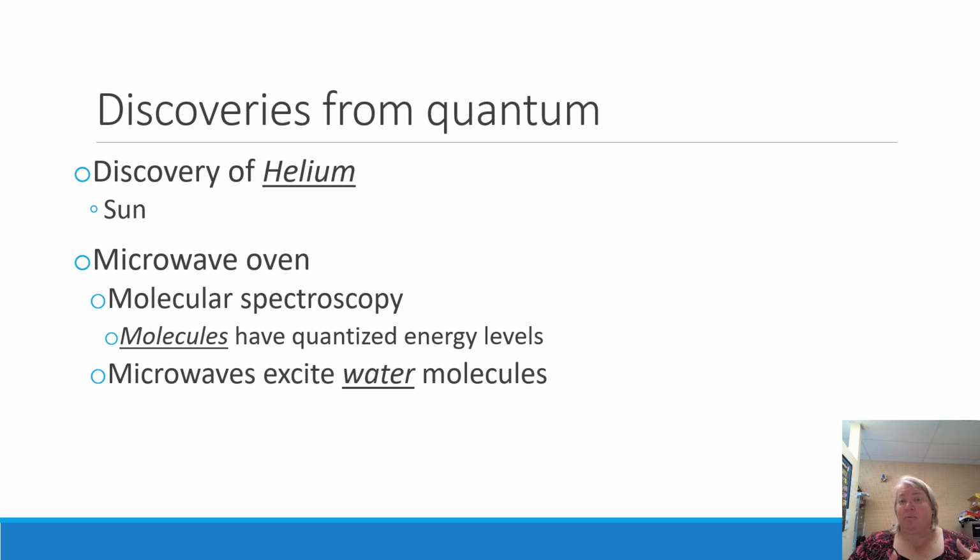So in this case, they were using light from the sun. And so they took light from the sun and they're trying to figure out what elements it has. Definitely has hydrogen, but then there were some other lines. And so they figured out it was another element called helium. Now, it took them 27 years to actually find it here on Earth. It was trapped in a uranium mineral, but it's here also.